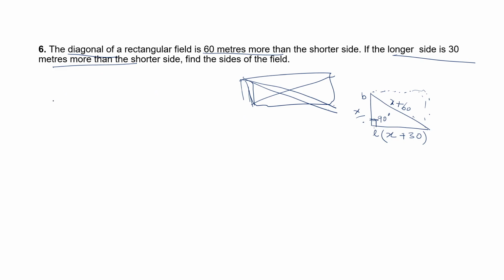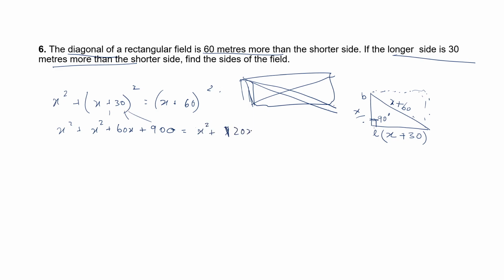So x square plus x plus 30 whole square is equal to x plus 60 whole square. Expand all these things. You will get x square plus 60x plus 900, using a plus b whole square, a square plus 2ab plus b square. Here also a plus b whole square, x square plus 120x plus 3600.